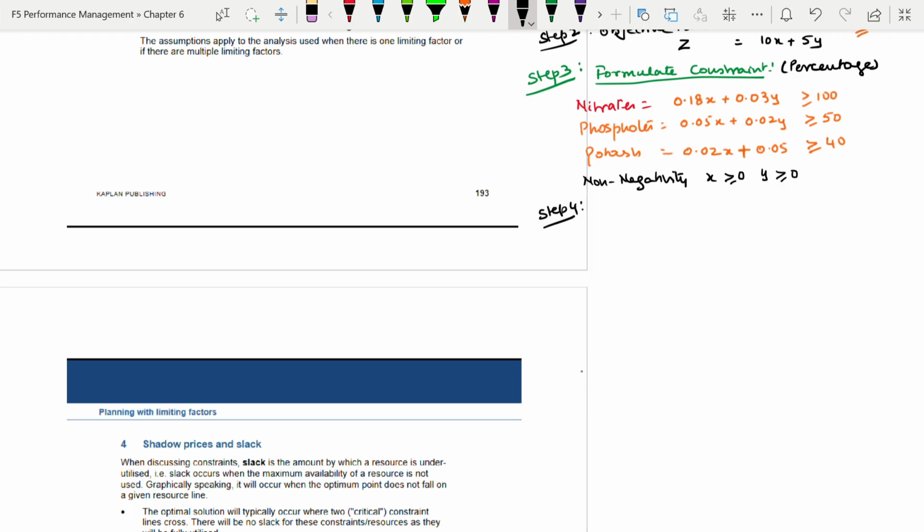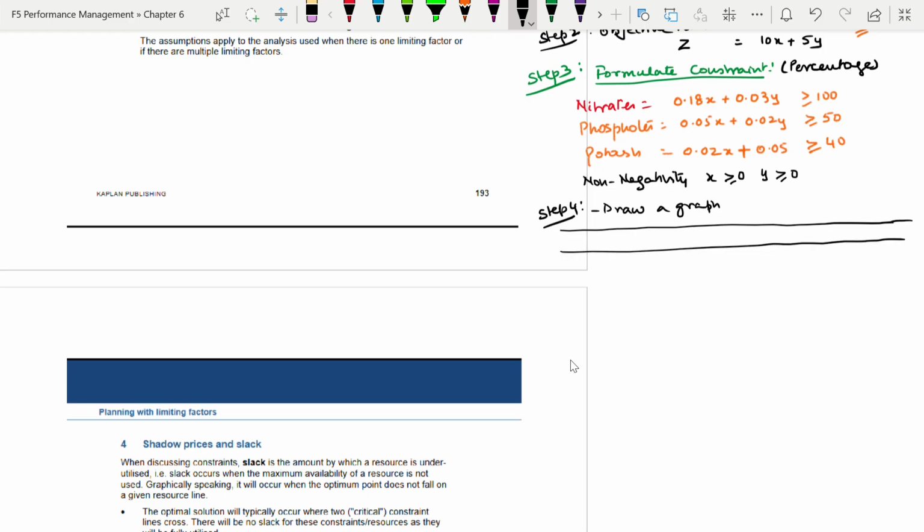Now, I will make it a little bit more clear. Draw a graph. I cannot put all the things in the beginning; slowly I will develop.